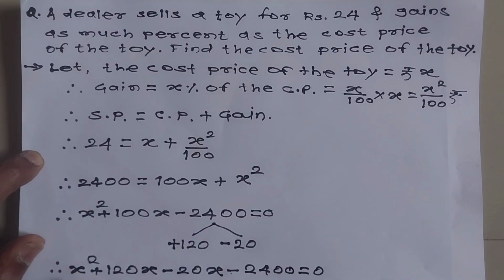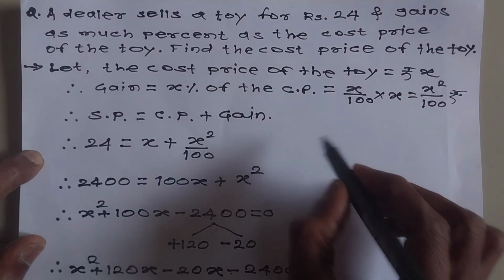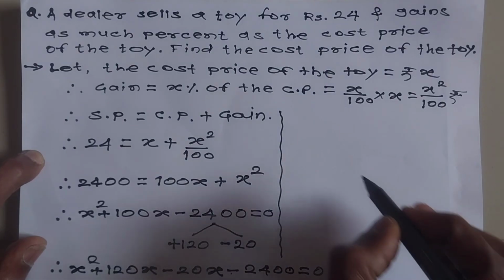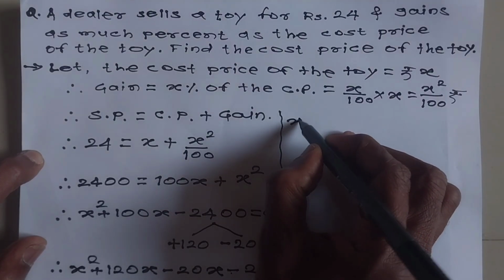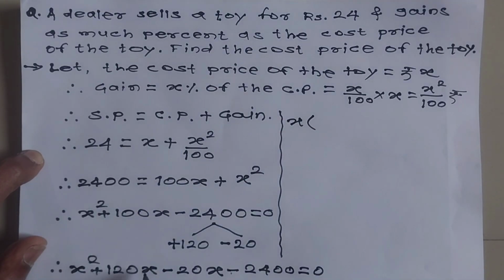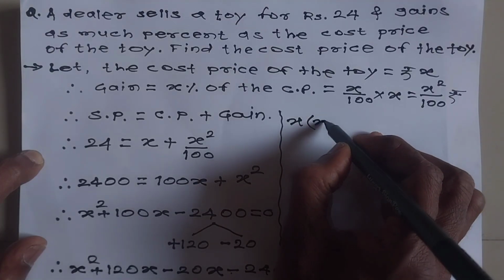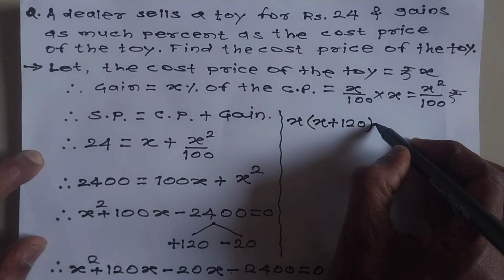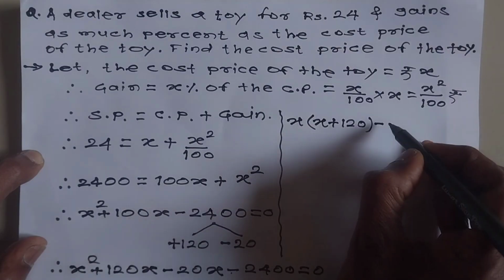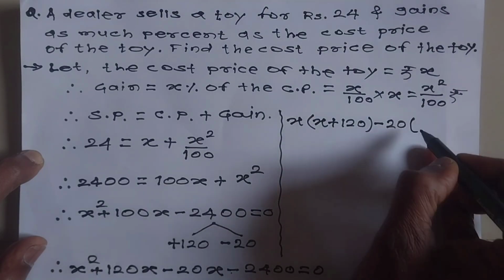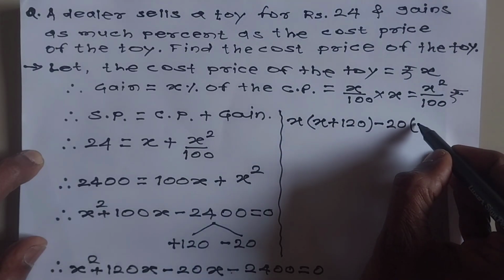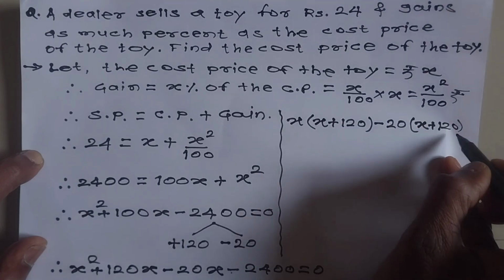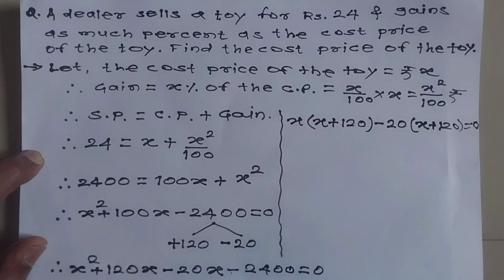Now we take common factors. Here x common: x in bracket x plus 120, and here minus 20, and the same bracket x plus 120 is equal to 0.